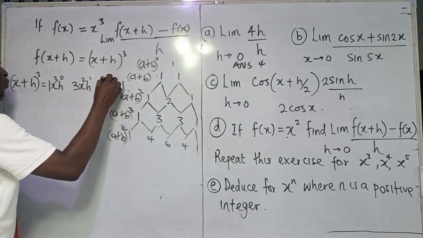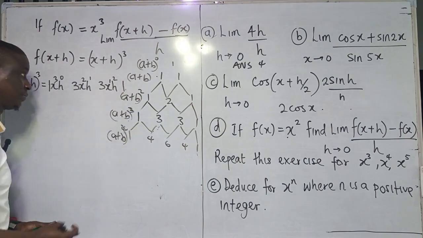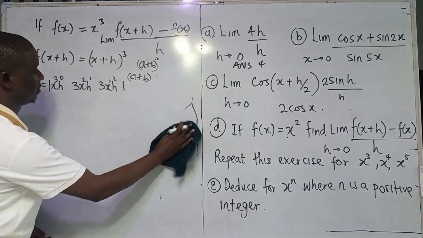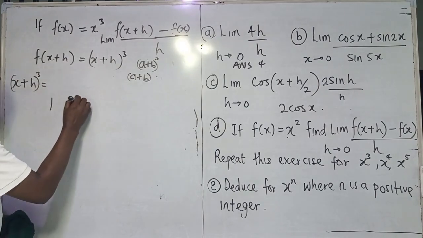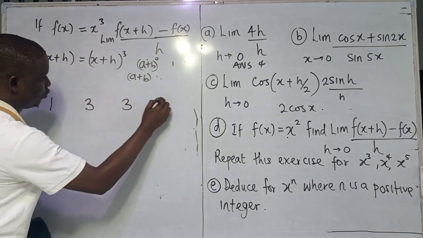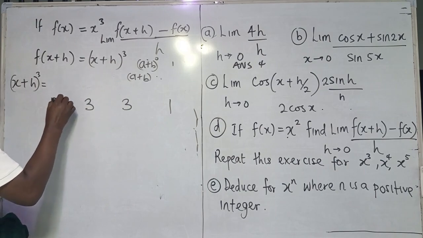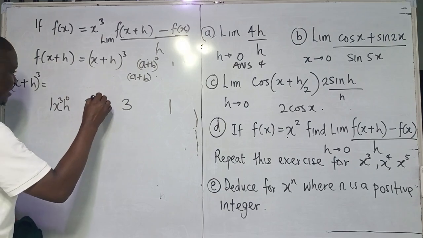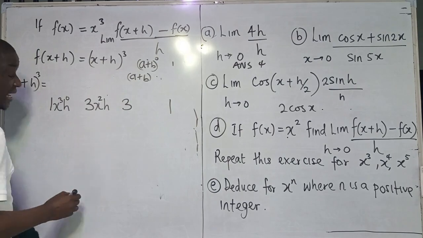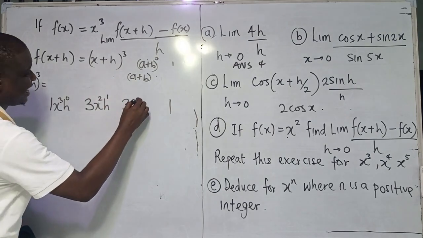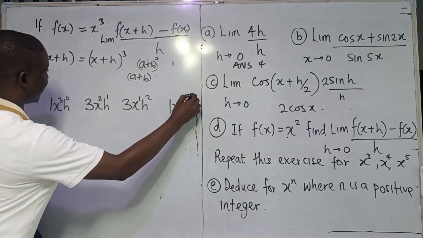So x to the 1 h squared, then x to the 0. Look at what I did. To expand this, the coefficient is 1 3 3 1. You understand me? So this is x cubed h to the 0, x squared h to the power 1, x to the power 1 h to the power 2, x to the power 0 h to the power 3.